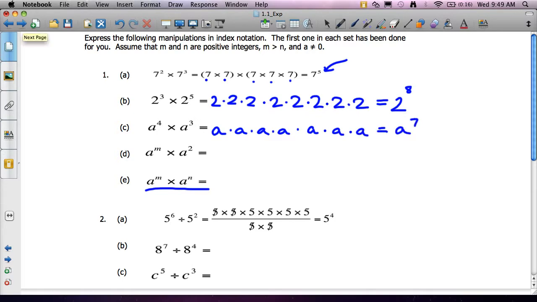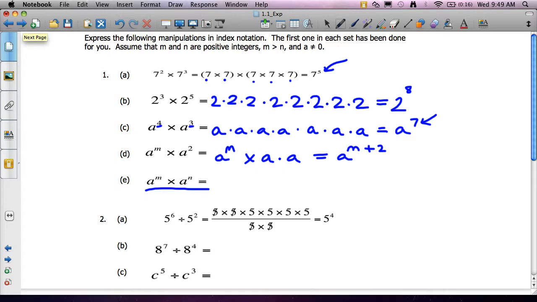Now what we should notice here is some sort of pattern between the indices in the bases that we're multiplying and the index in the final answer. And hopefully what we're noticing is that it really is just adding the exponents together.